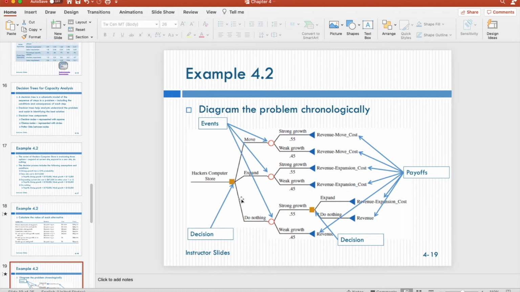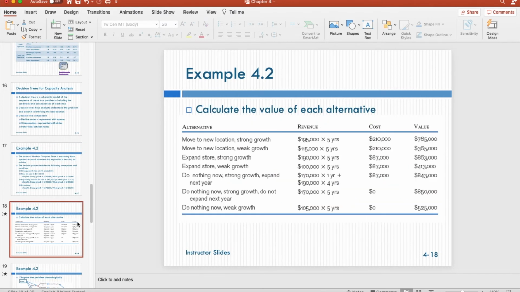Here, if you do nothing, as I said, you have three scenarios, right? The company is basically considering three different alternatives under this scenario.